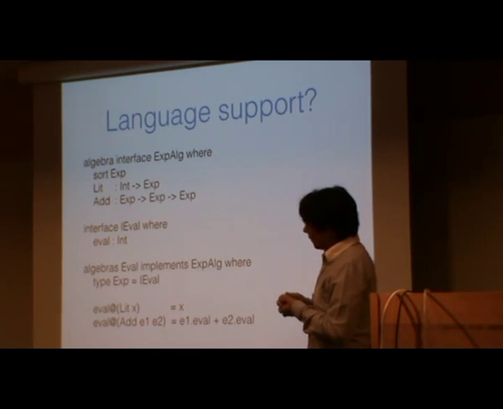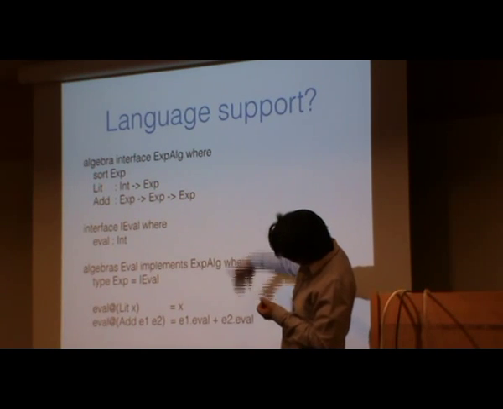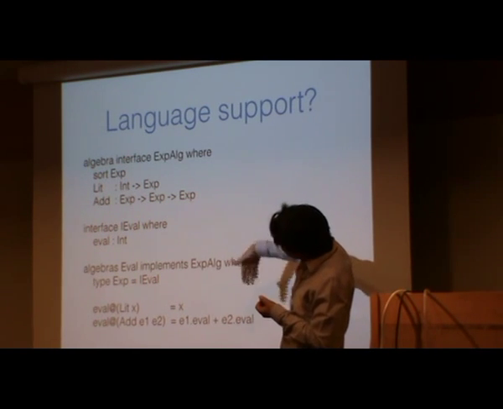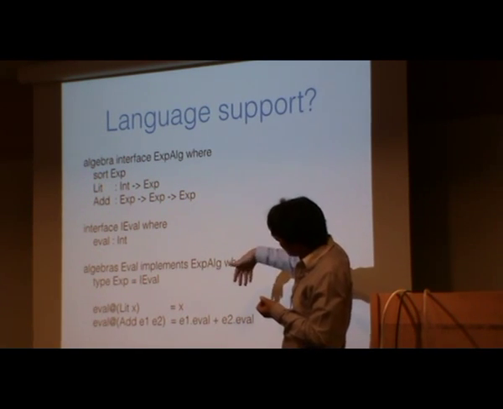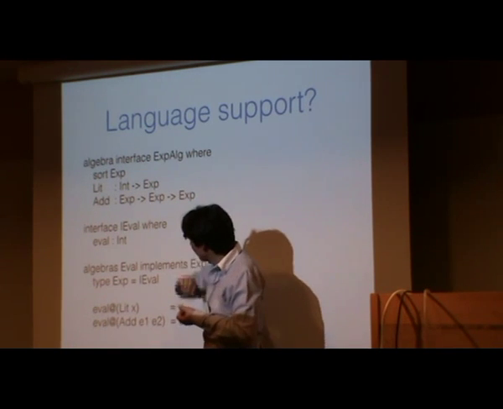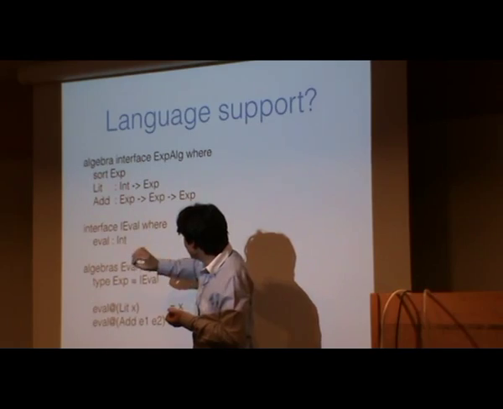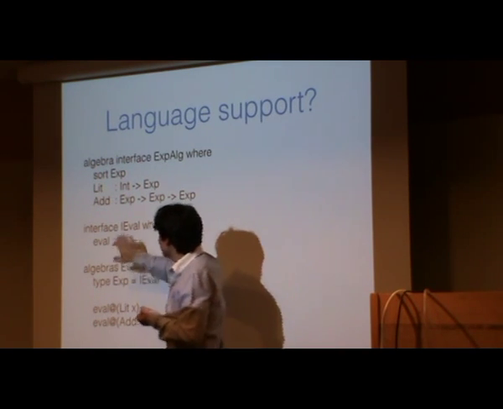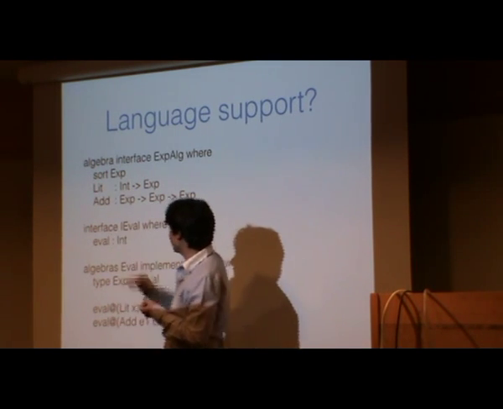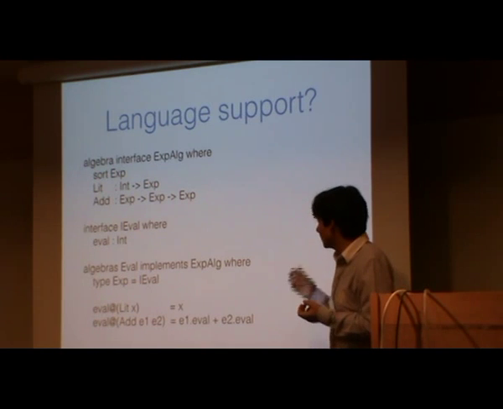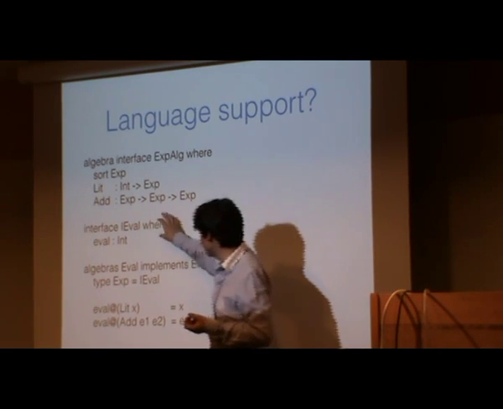What I found useful, and again, this slide has some bias to object-oriented solutions, but in object-oriented solutions that I use, typically you want to instantiate these sorts with some kind of interface. You can think of these as a record type.